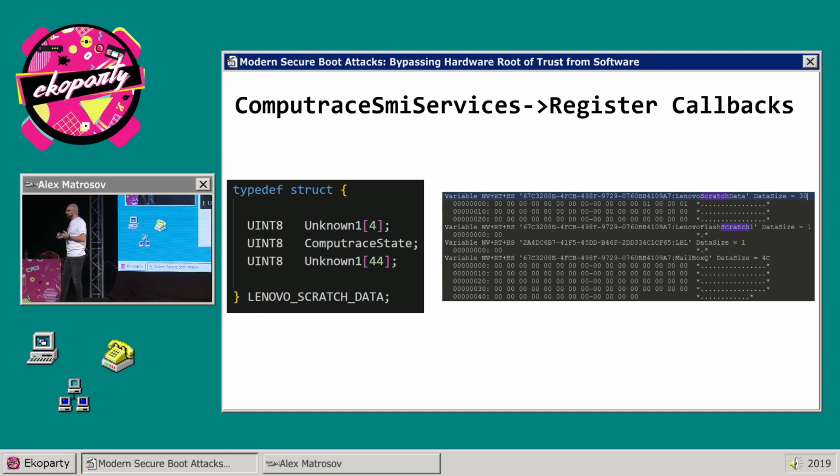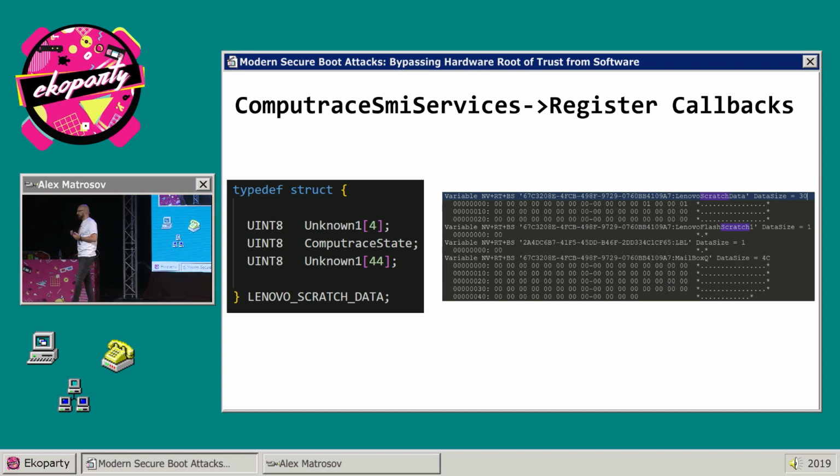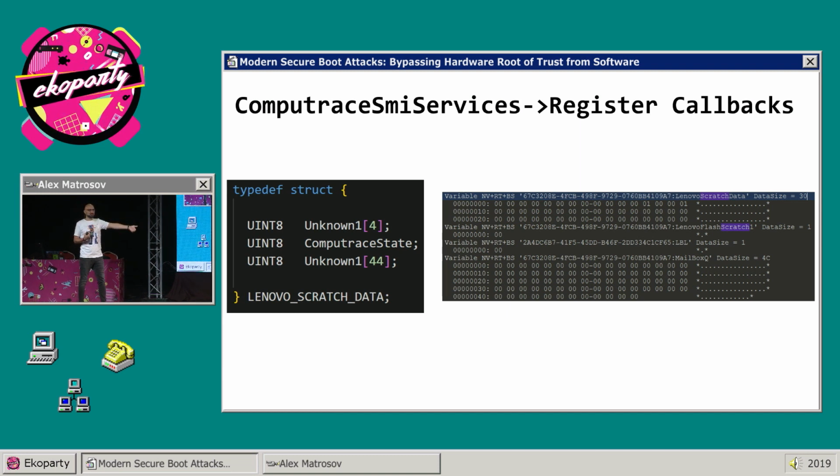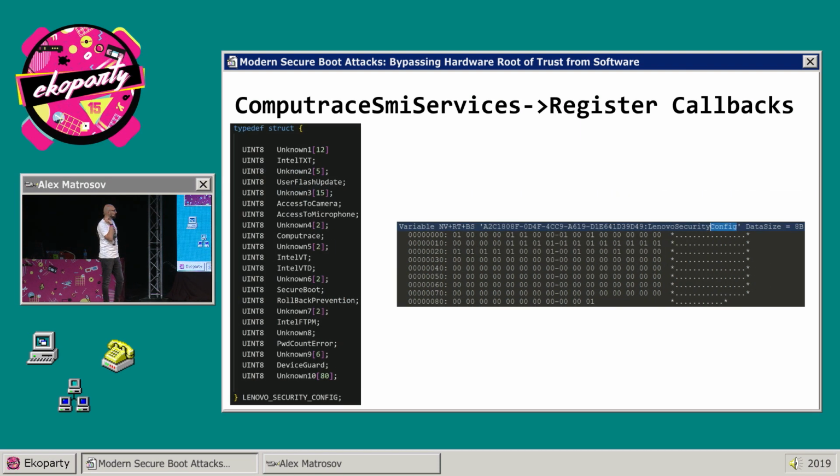And the Computrace SMI services are actually registered callbacks in Windows Management Instrumentation. That means you can call these objects over Windows Management Instrumentation.